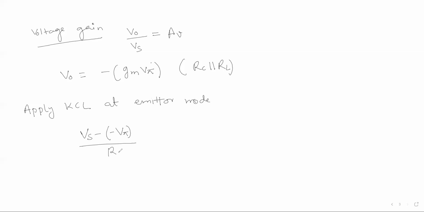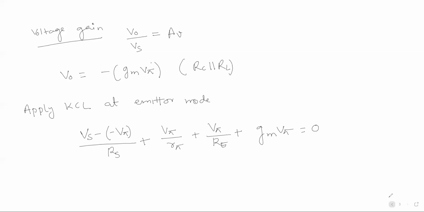Vs minus of minus V pi upon Rs, plus V pi upon R pi, plus V pi upon Re, plus gm V pi is equal to 0.